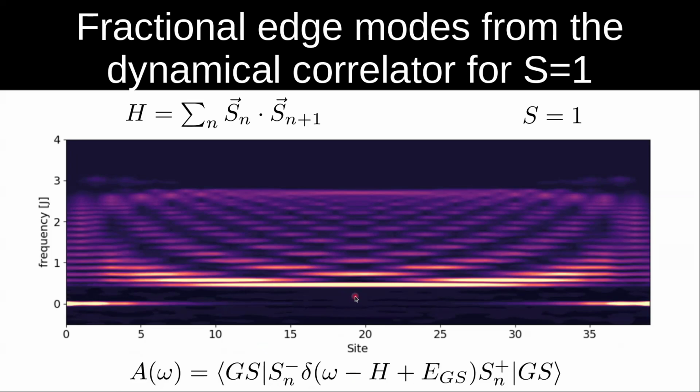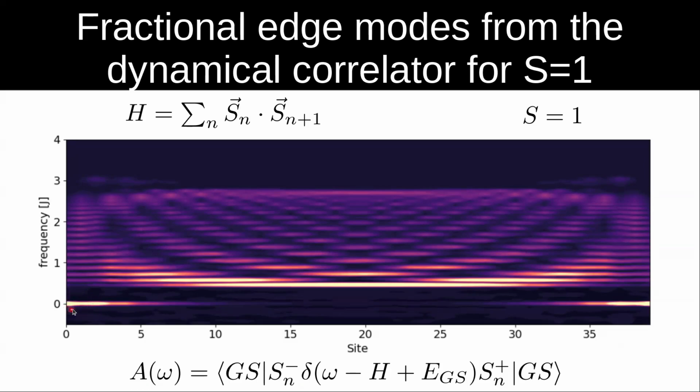If you had considered the spin 1/2 instead of spin 1, then you would not have this gap in the thermodynamic limit. But when you go towards the edges, you see that at the edge there is a zero energy excitation. So you can create an excitation in your system without having to pay a finite amount of energy. This excitation at the edge is the fractional spin 1/2 excitation.